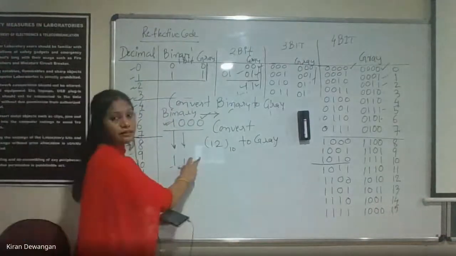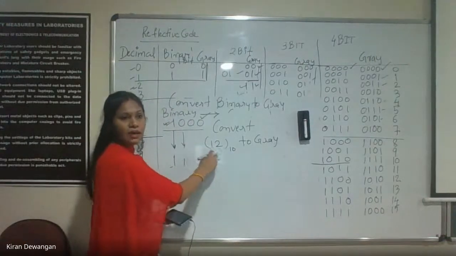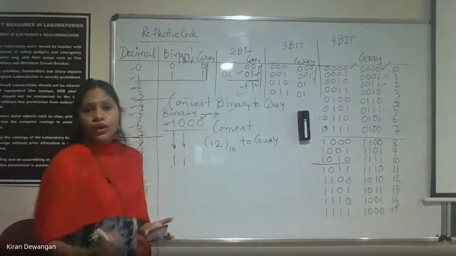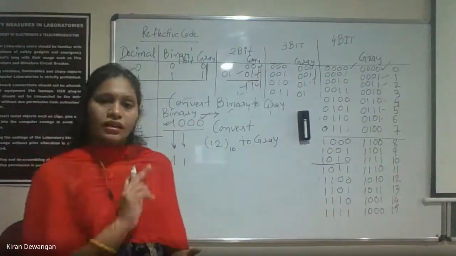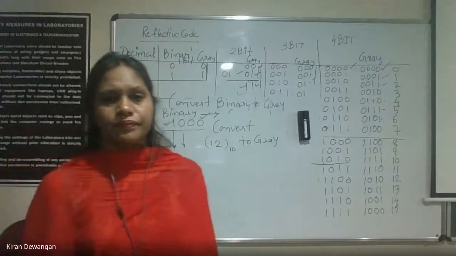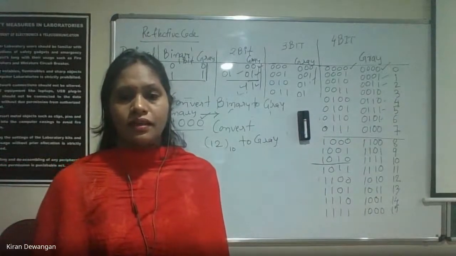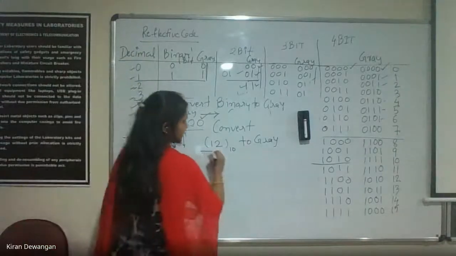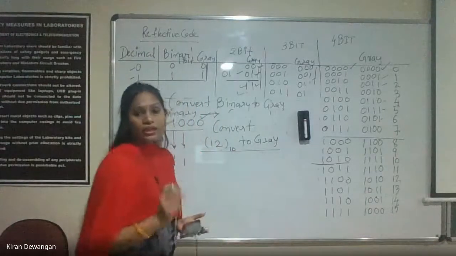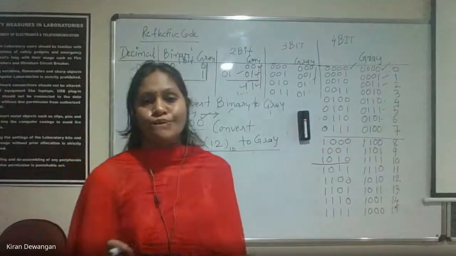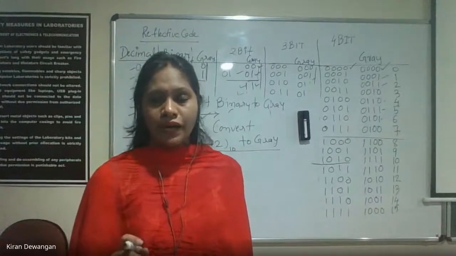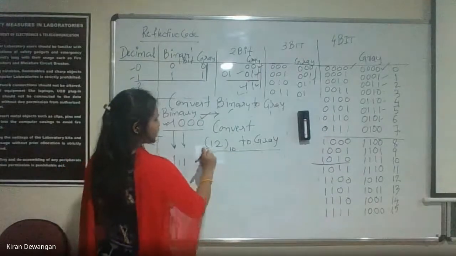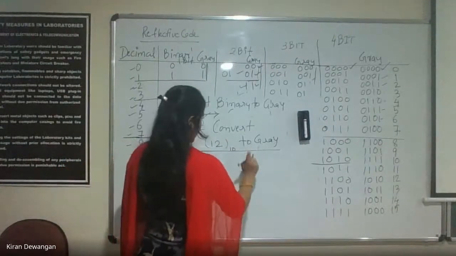What is it? That is a decimal number 10. Sorry, decimal number 12. You have to convert it to gray. Will this question be done? Yes? What will you do for converting it to gray? Anyone just reply if you get the answer. How will we convert the decimal number 12 to gray?